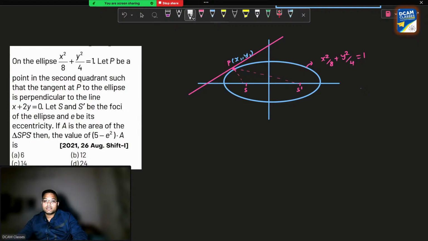For that they have given the tangent. So should we find the value of 5 minus e square, or 5 minus e square into A? 5 minus e square is easy to find. Okay, it's multiplied with A. Its slope is minus 1 by 2, it's given. So its slope will be 2.